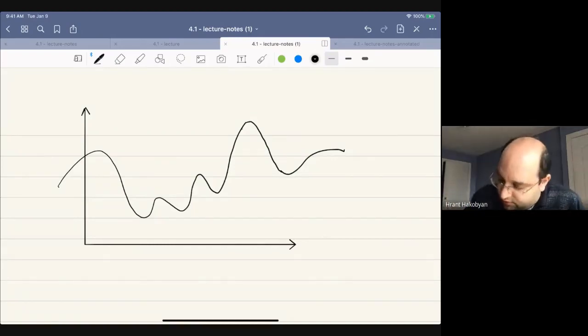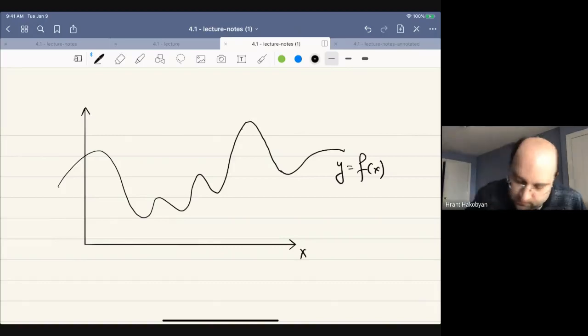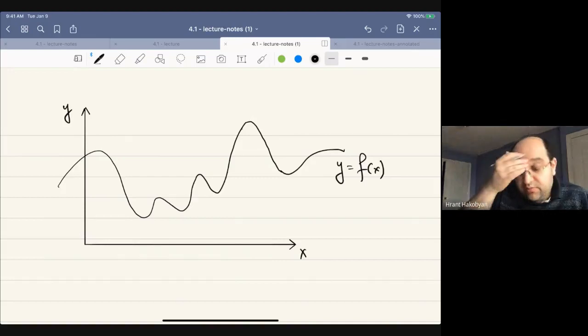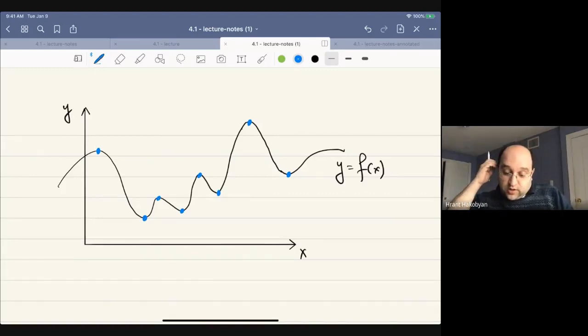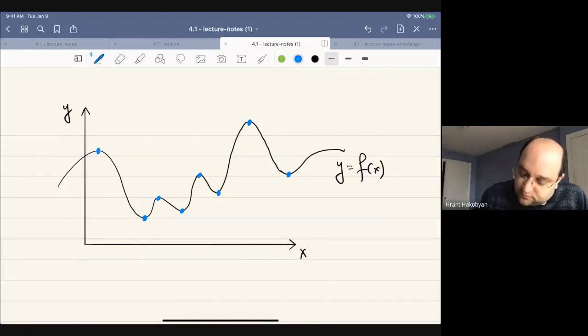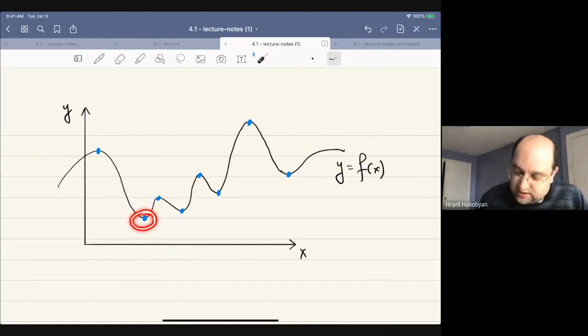Okay, so that's my graph of y equals f of x. And so what are my local maxima and minima? Well, let's mark them. Those are these points here. I have a local maximum, local minimum, local max, min, etc. Okay, and there is just one global maximum, this point, and one global minimum, that's that point.